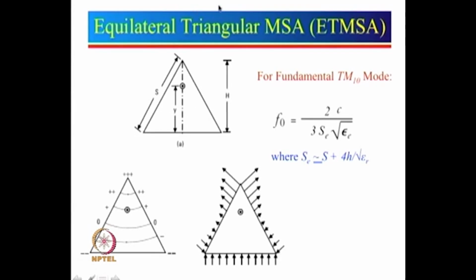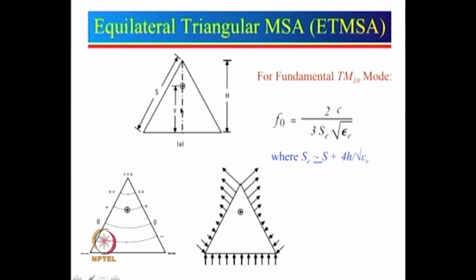Now for the circle and for the rectangle, the null was at the center. In case of the triangle also, the null is at the centroid of the equilateral triangle, which is somewhere here. So that will be the centroid point, that will be the 0 field point.